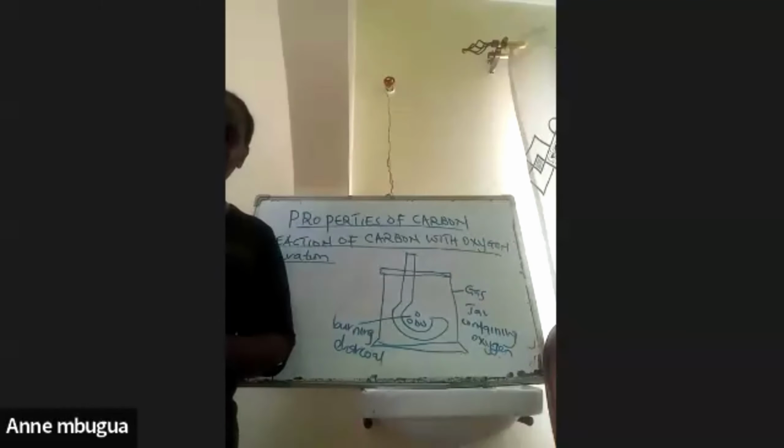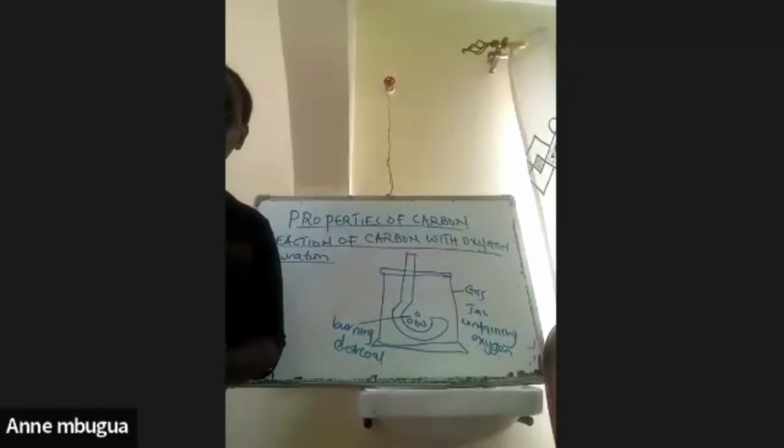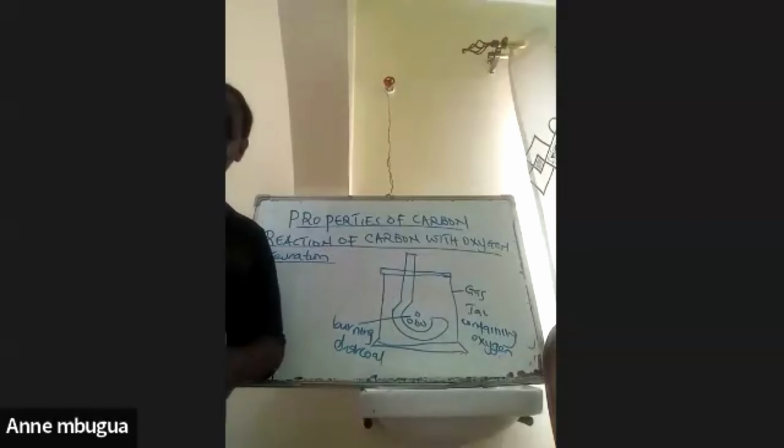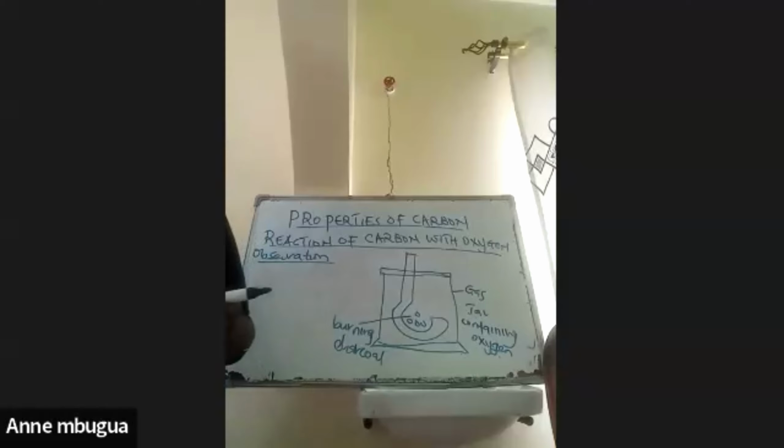So this is the observation. The hot charcoal continues to burn with yellow flame even without further heating. You can see in the gas jar, there's no heating. But once you transfer the hot charcoal into the gas jar that contains oxygen, it continues to burn slowly with yellow flame.